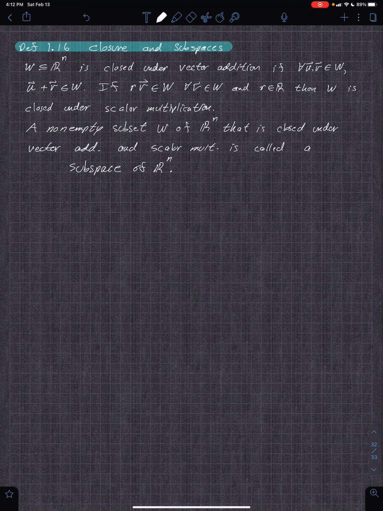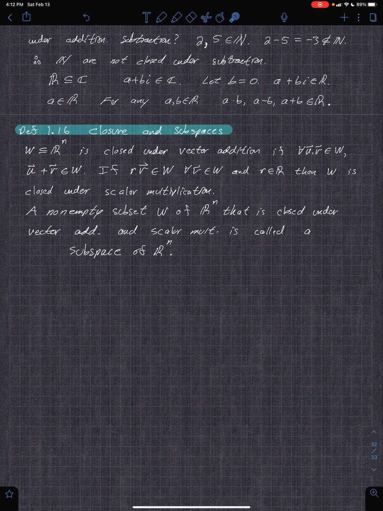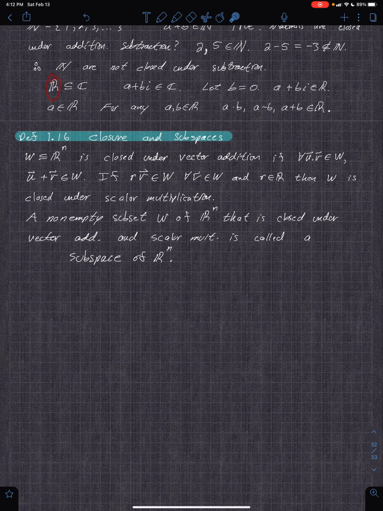So let's look at a couple examples of that. And it's kind of like the one I showed you up here for R, but those are just numbers. Those aren't vectors, but it's kind of similar. If you have two numbers, A and B, in R, you do any of these operations and you stay in the reals.